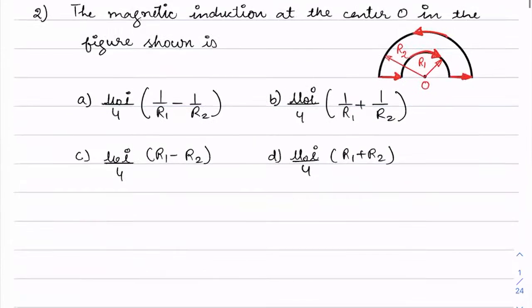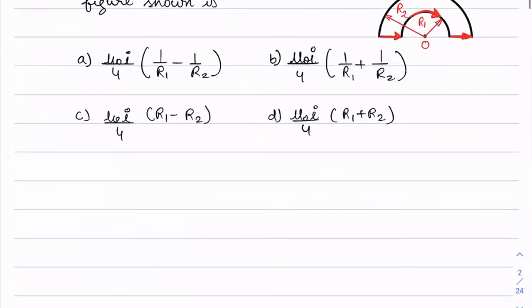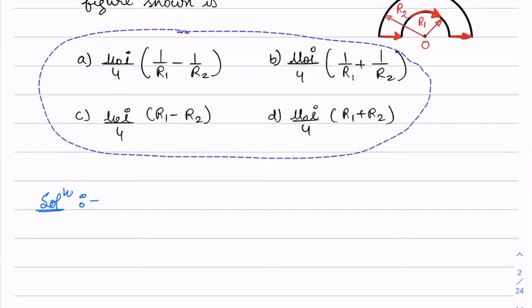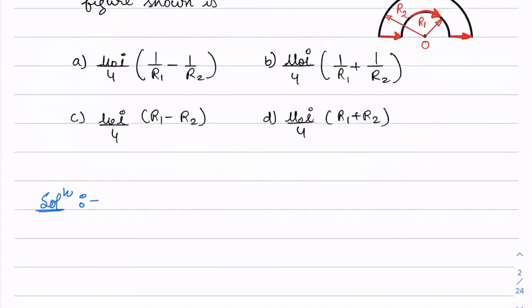Now question number 2. The question is: the magnetic induction at the center, at point O in the figure shown, you have to calculate. If you clearly see this figure, can you say that the two fields will be in two opposite directions?